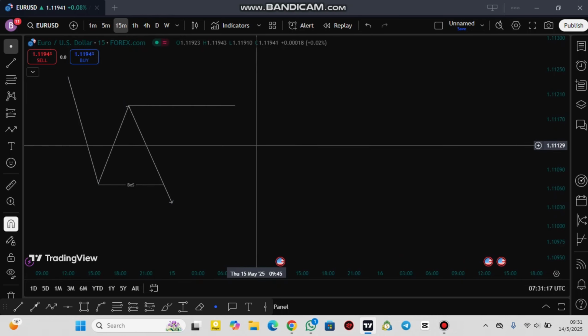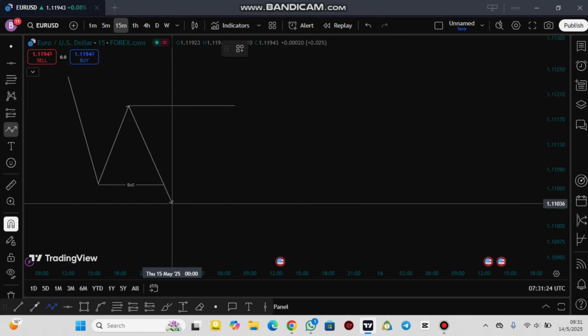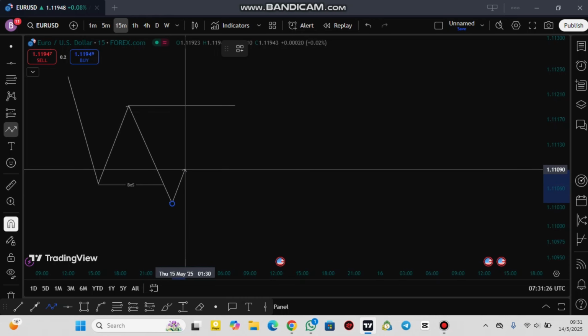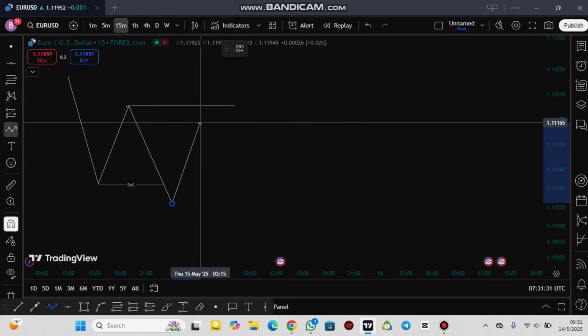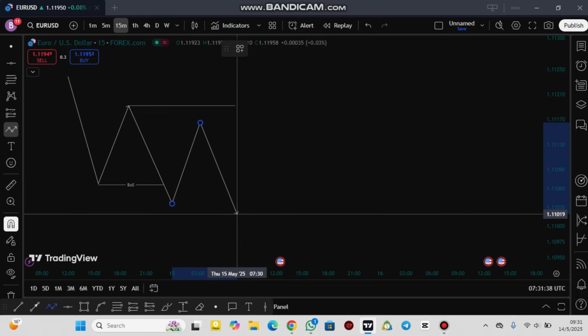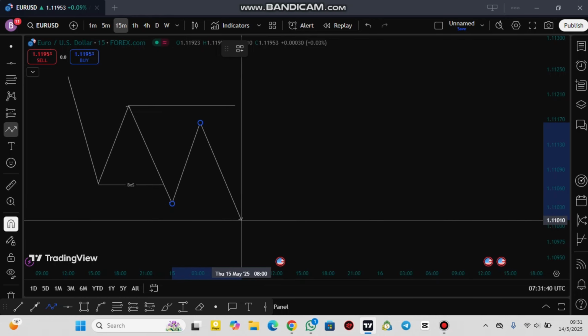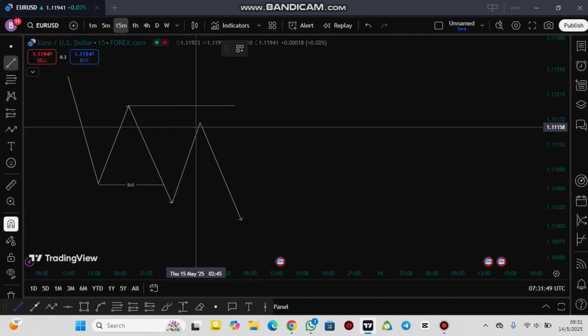And then what did we say to look for again? You want to be expecting another retracement, another pullback, and then another respect of this high, right? And how does price respect the high? It respects it by violating the previous lower low right here. After it violates the lower low, price creates a new lower low, and price creates a new lower high up in here.